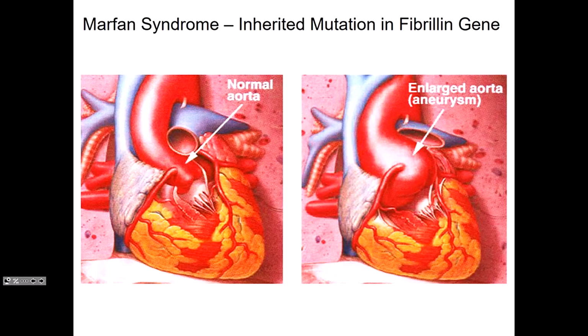So here's a disease that can occur due to a mutation in the fibrillin gene. So remember, fibrillin is the oxytalan fibers, the first part that's deposited during the formation of elastic fibers. So if you have defective elastic fibers, this person that has Marfan syndrome can have an aneurysm of the aorta.